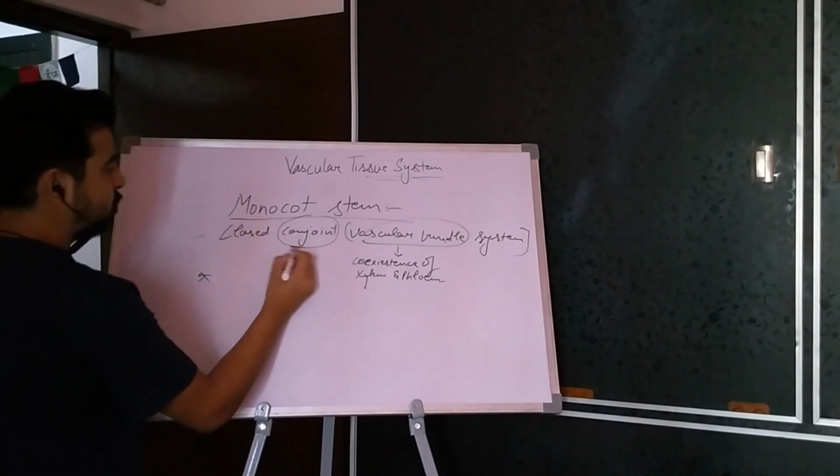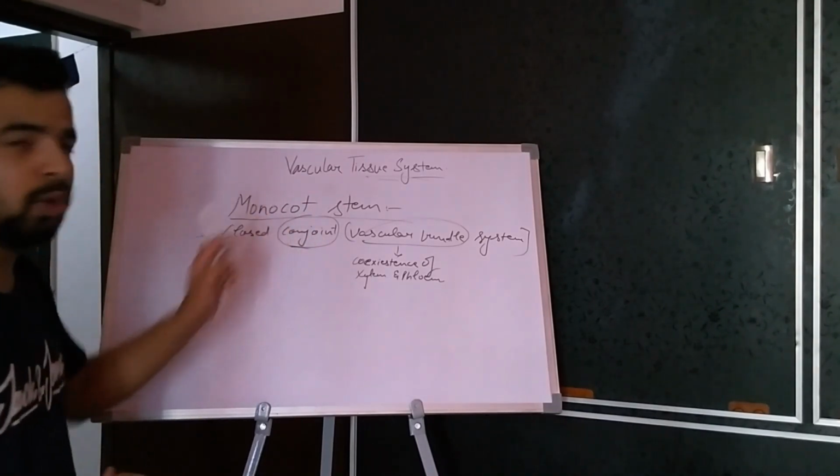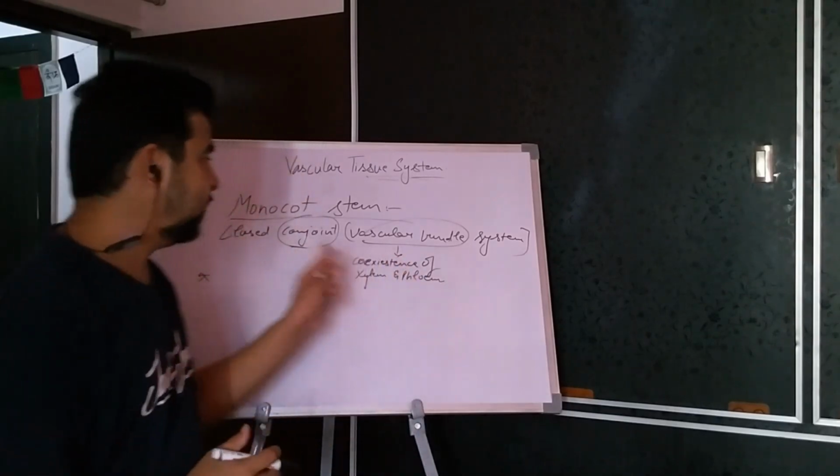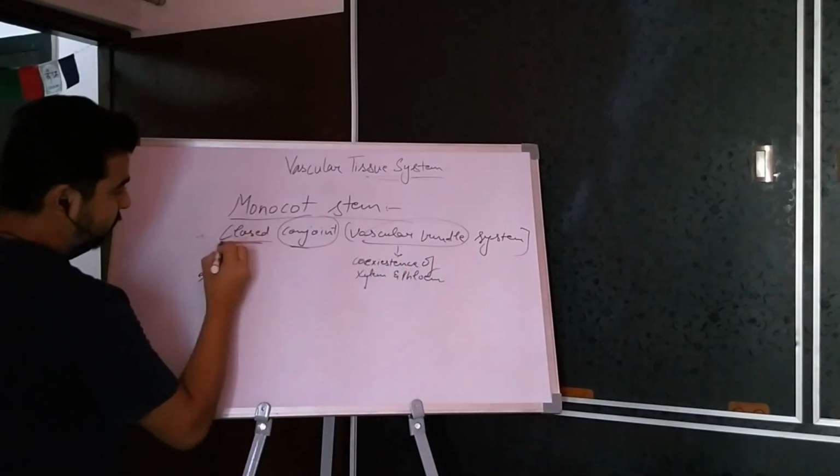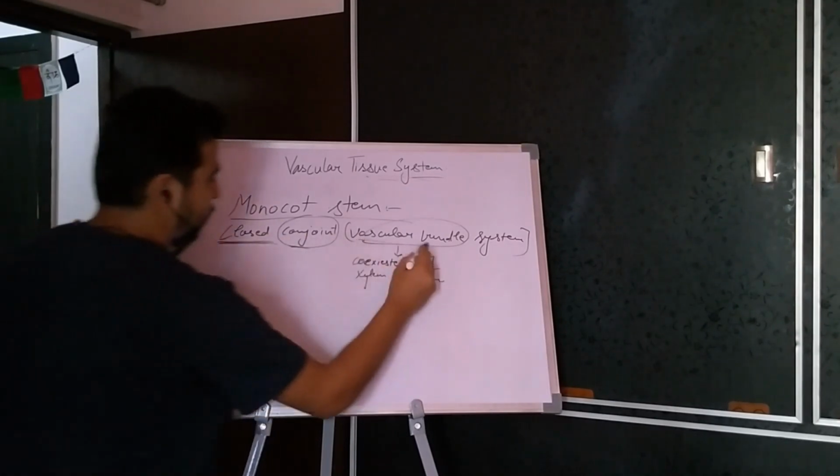This conjoint arrangement can be seen in both monocot and dicot, which we will see in dicot stem also. But here we have to focus on the term closed vascular system.